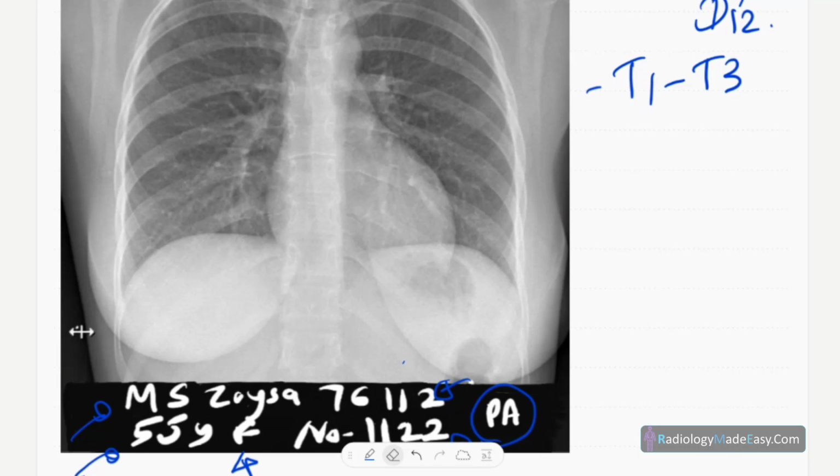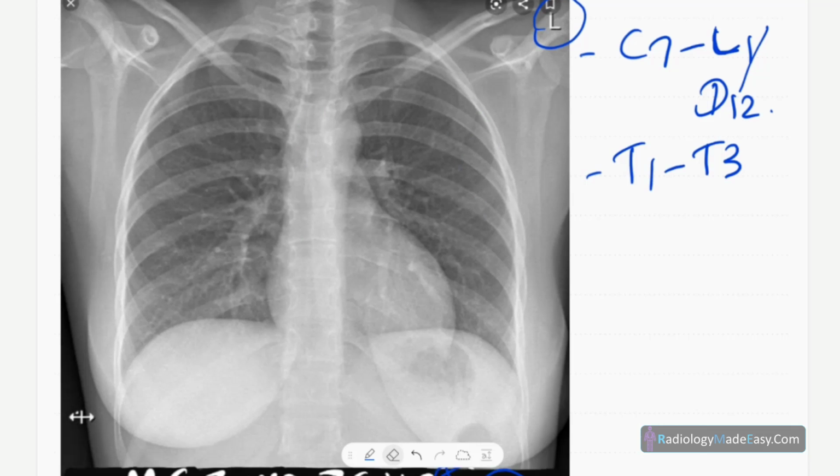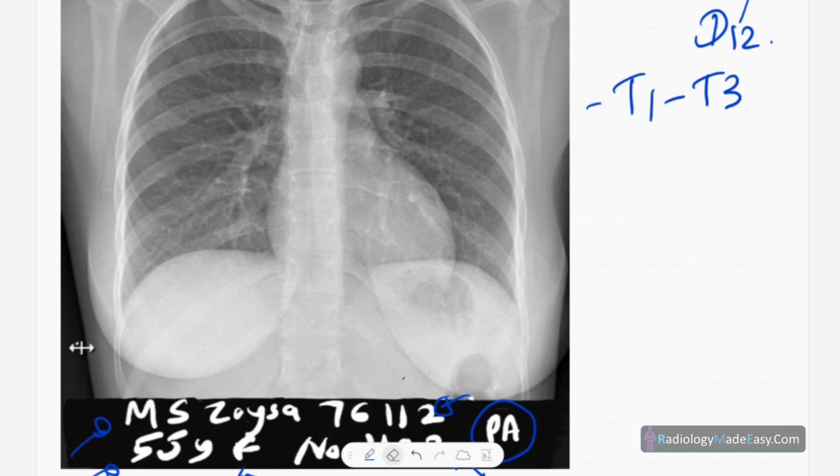Then you have to check for the lines. For a central venous line, usually the tip is located in the SVC, goes like this, and also pacemaker leads go like this, into the right atrium. And also in children, you have to look for umbilical arterial and venous catheters.